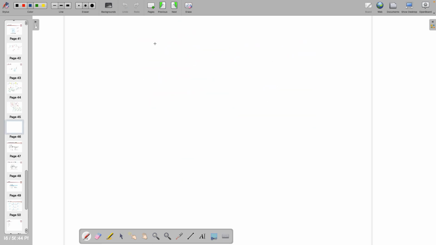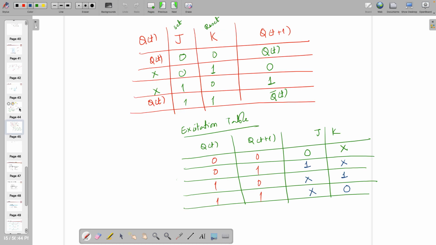If I am writing about D flip flop or D latch, by the way, one important thing, all these tables remain the same for latch and flip flop. They are not changing. They are changing the nature of giving the output over time, right? If you have the latch, then it's going to give you the output on the basis of the level of the clock.